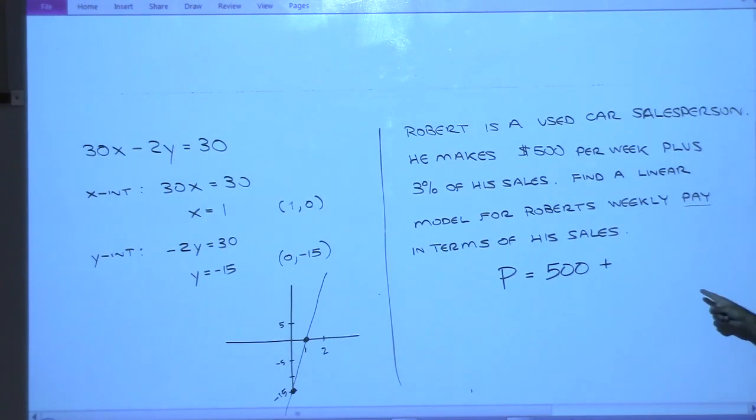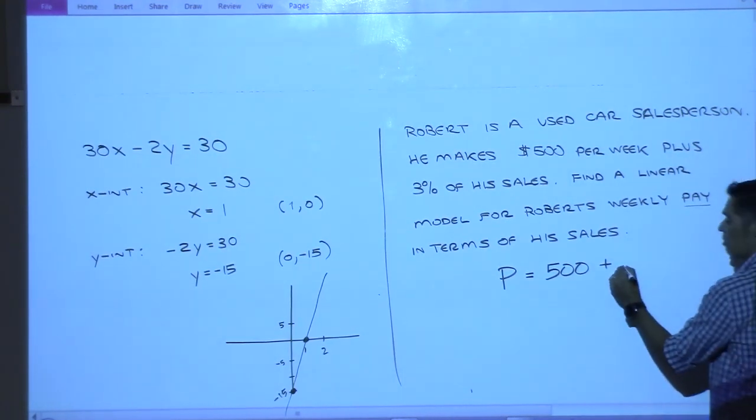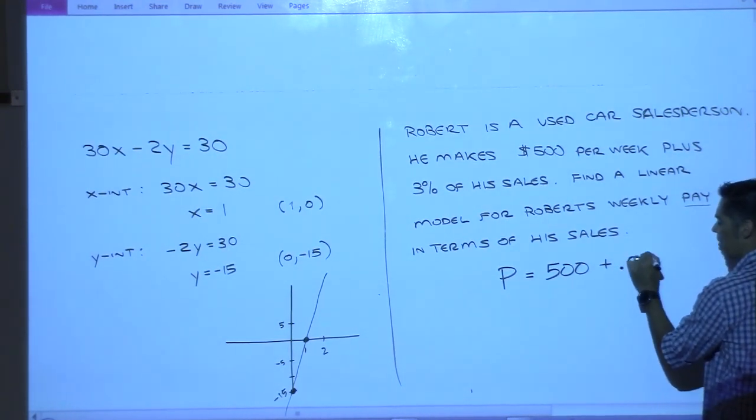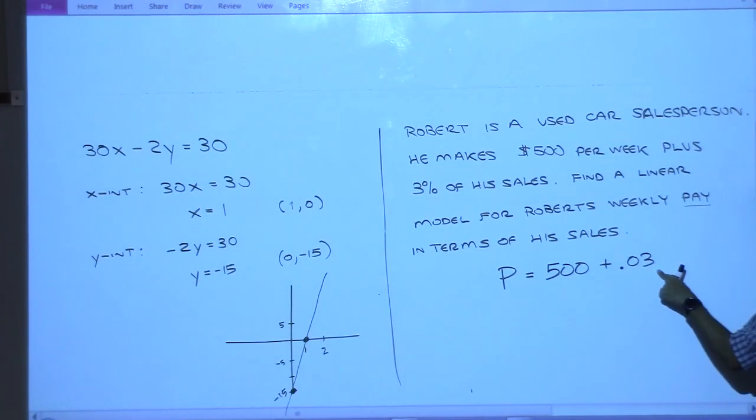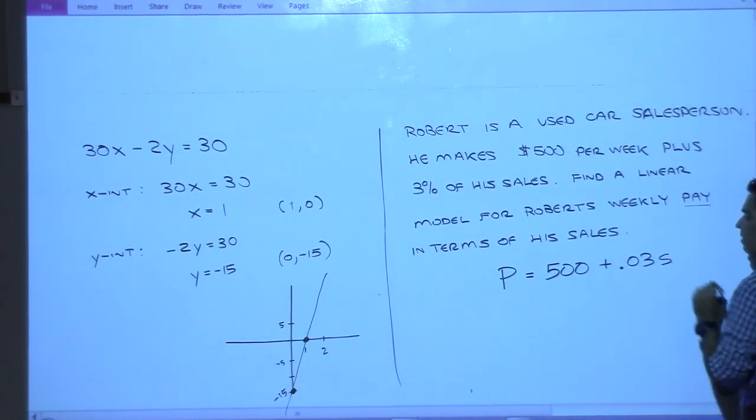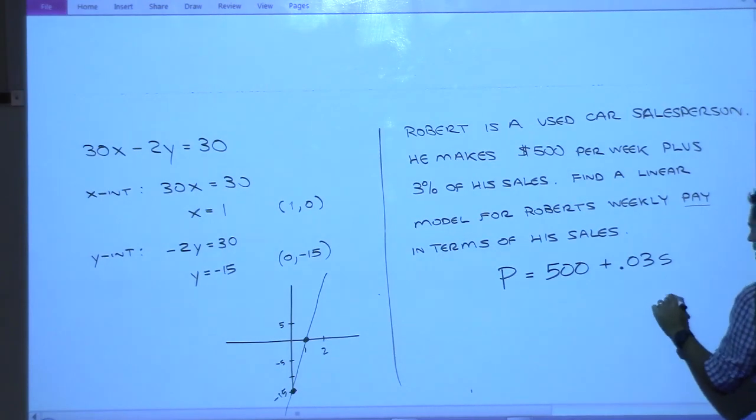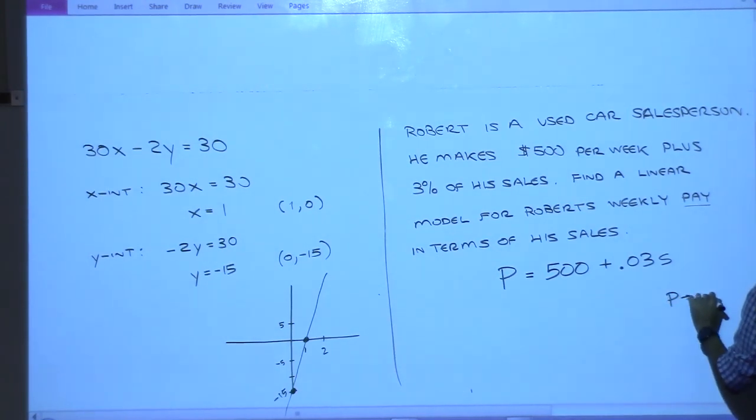How do I write that? 0.03, because you have to convert it to a decimal. 0.03 times what? We could say X is my sales, or we could do S too. We did P, we may as well do S. So just to be clear, P is going to be my weekly pay. And S is going to be weekly sales.